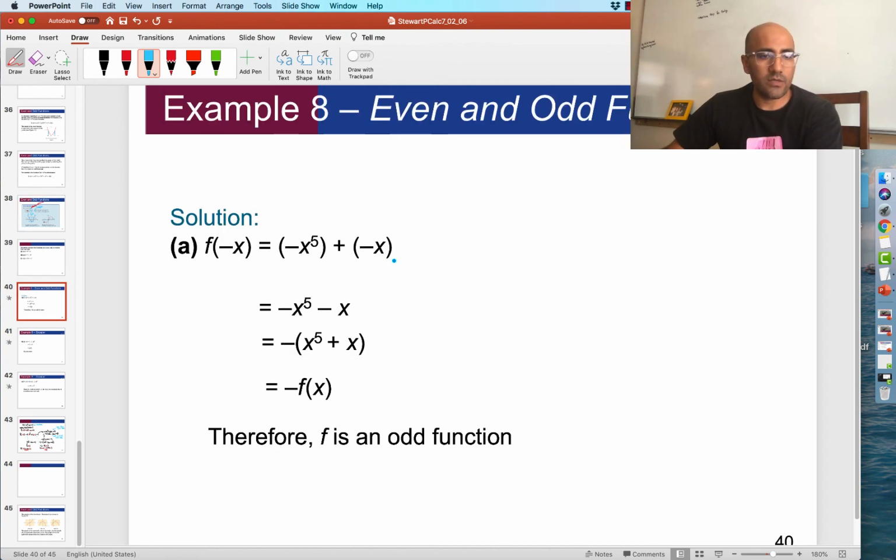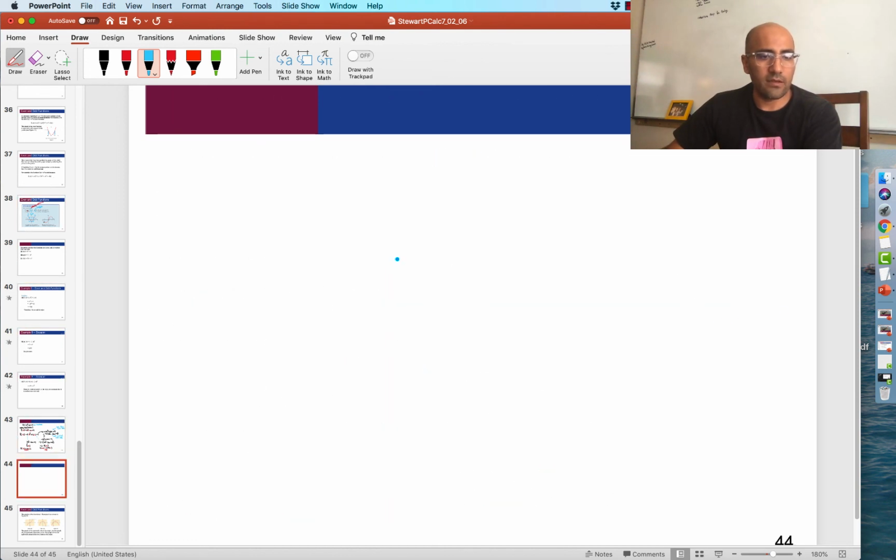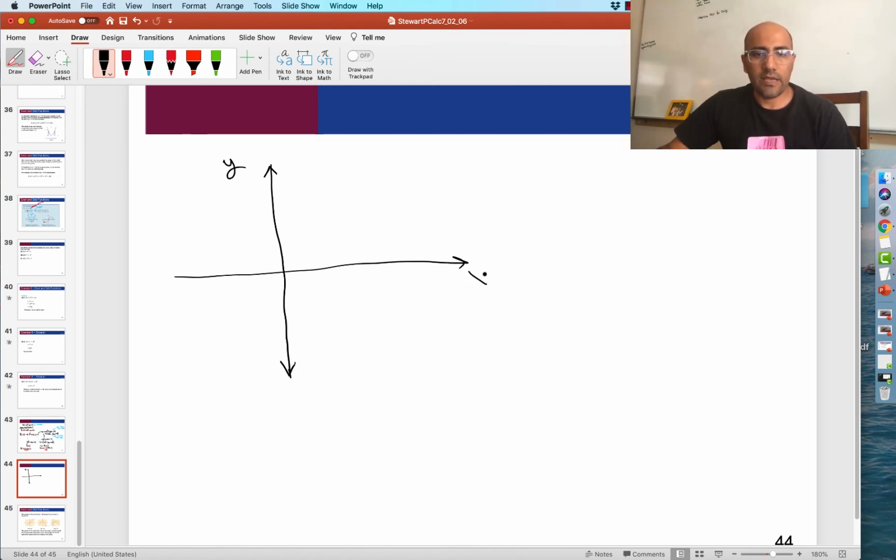Right, so let's do a quick, simple little example of that. So let's say that here is the y-axis, here is the x-axis. Let's say that I have an original function that looks like this. It's a little triangle there and a big triangle.